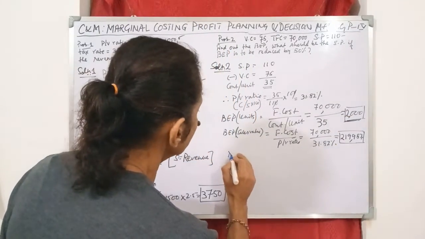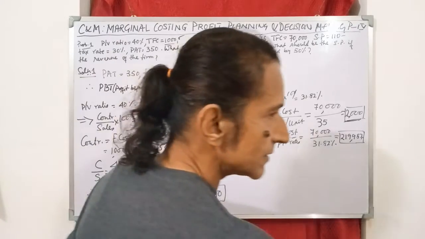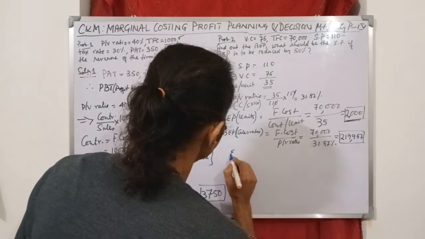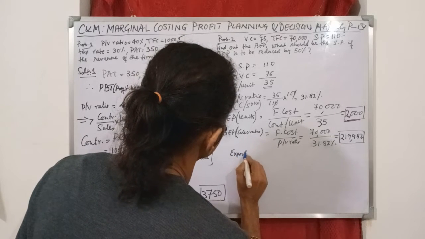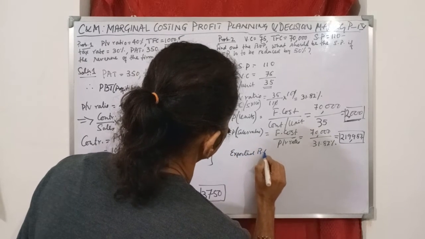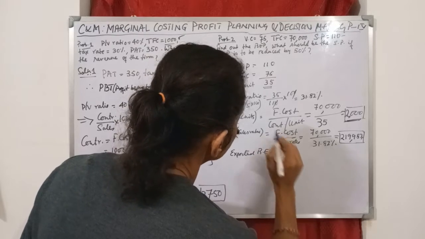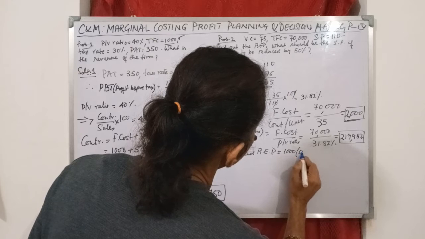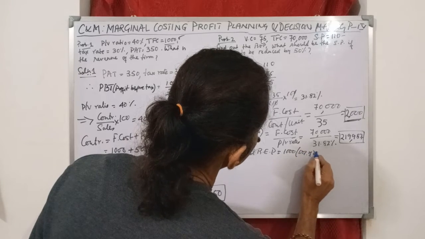So new BP or expected BP equals 1,000, that is 50% of 2,000.